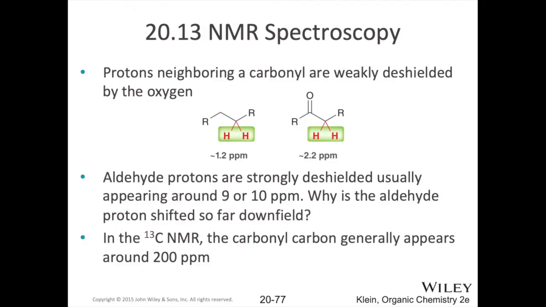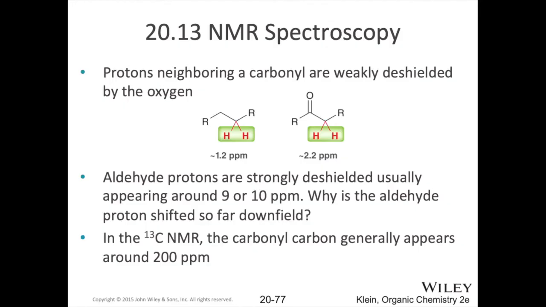With NMR, that carbonyl will shift protons at a neighboring carbon accordingly. We shift them about 1 ppm downfield. Aldehyde protons, on the other hand, are really shifted downfield. They're going to show up at about 9 or 10 ppm, right?